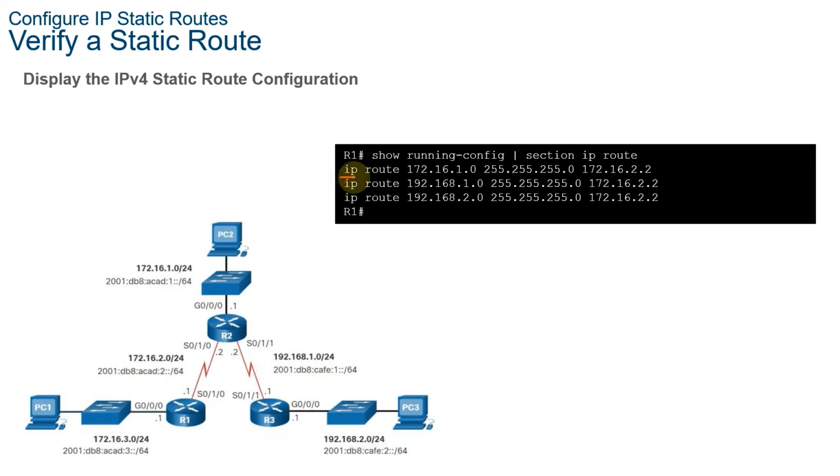All configurations on the running config having ip route would be displayed. Rather than using just show run, which displays everything, if you just want to see a specific output on your screen, you could make use of these filter options: pipe, section, begin, and so on.